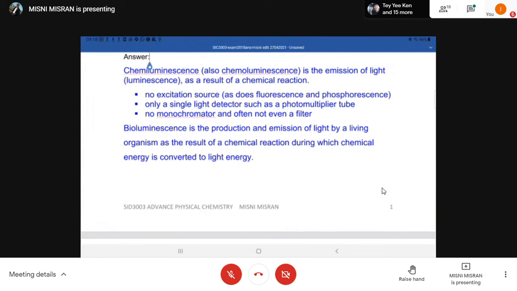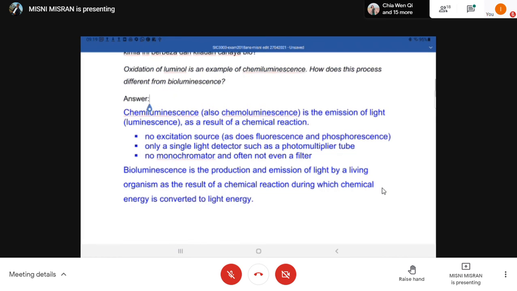Bioluminescence, that's another point I mentioned just now, does not evolve heat, because that's going to harm the living cell or living organism. Okay, you can write those as in the lecture notes, in addition to what was discussed in our lectures. So I'm just giving you an example here, right?